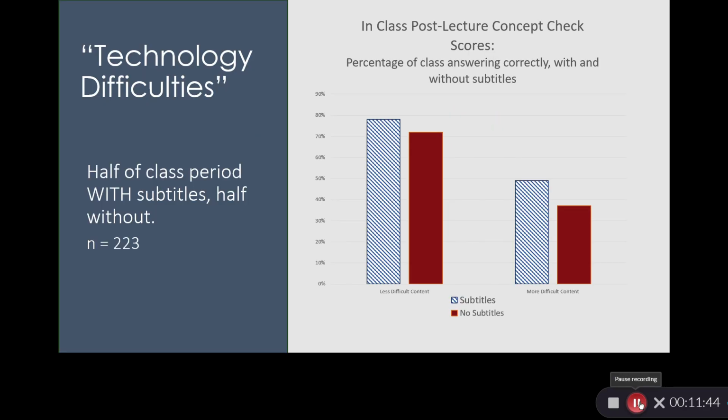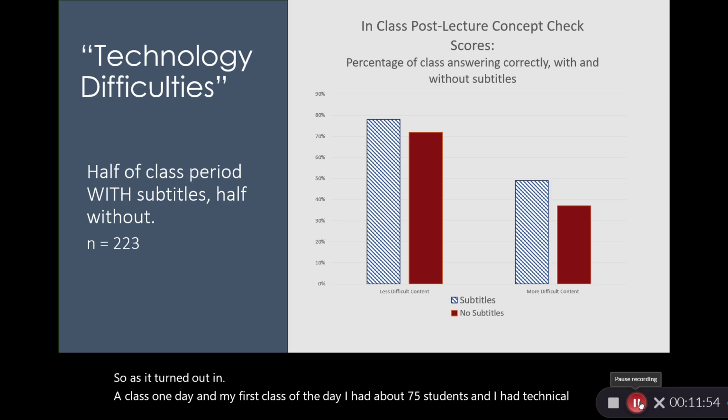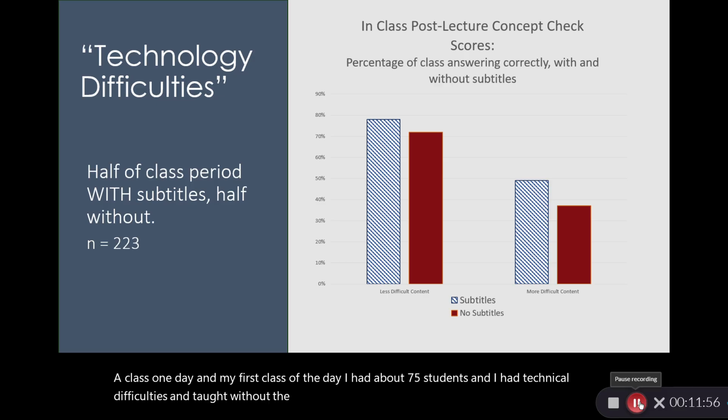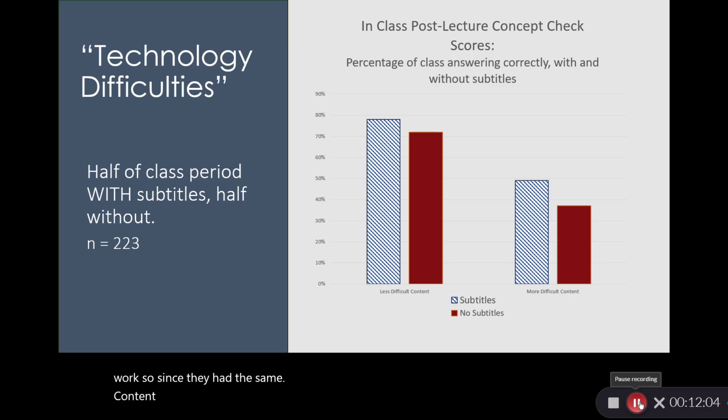Okay, so as it turned out, in a class one day, in my first class of the day, I had about 75 students, and I had technical difficulties and taught without the captions. So in the next class after that, I was able to get it to work. So since they had the same content and concept checks in their classroom response system, I figured I would look at the scores.